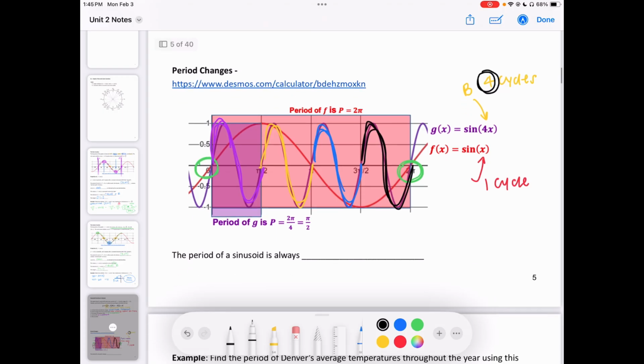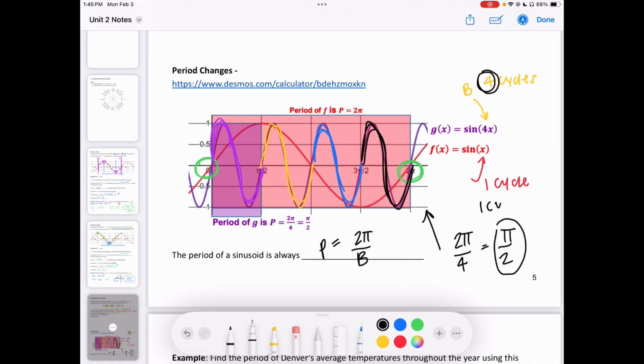Mathematically, the period of a sine function is always going to be 2 pi divided by b, right? In this case, we had 4. So in this example, we had 2 pi divided by 4, which means we repeat a cycle every pi over 2 distance.